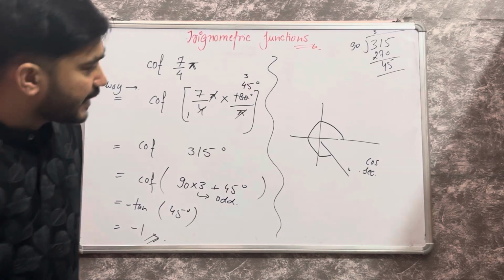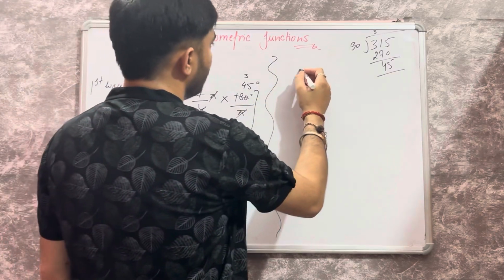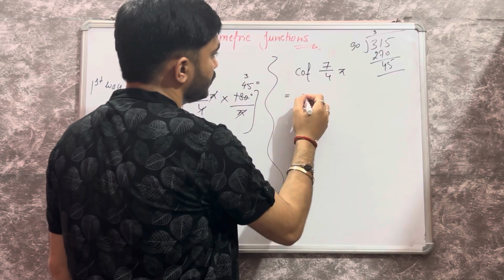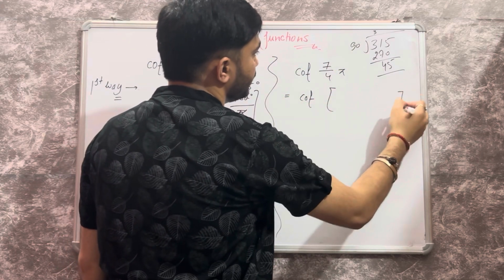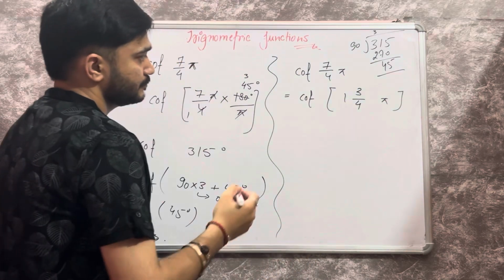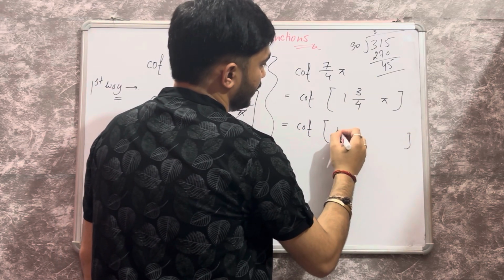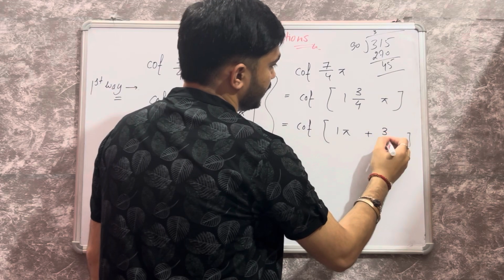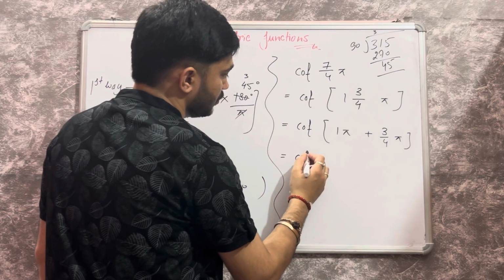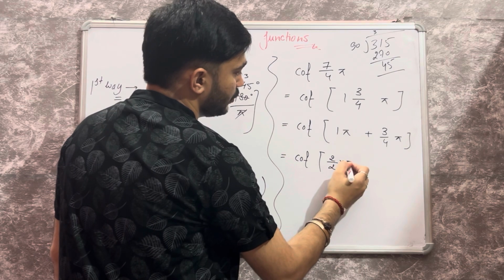Moving towards the second way, let us look. What is cot 7 by 4 pi? Convert this improper fraction into a mixed one, so the answer will be 1 and 3 by 4. Separate this. What will we get? 1 pi plus 3 by 4 pi is equal to cot. We know that we have to multiply by 2 and divide by 2.